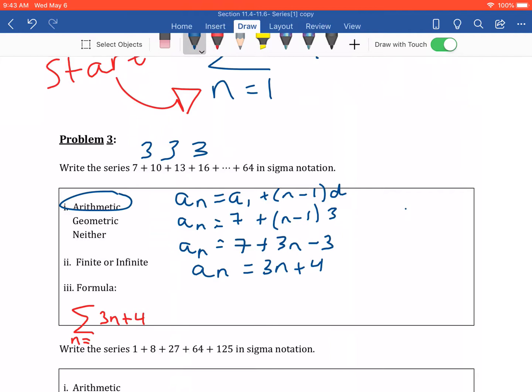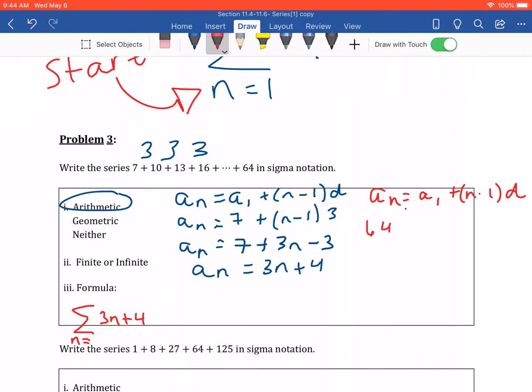The next step is to find out n so that we know where to begin and where to end. So we're going to take the equation again, a sub n equals a sub 1 plus n minus 1 times d.